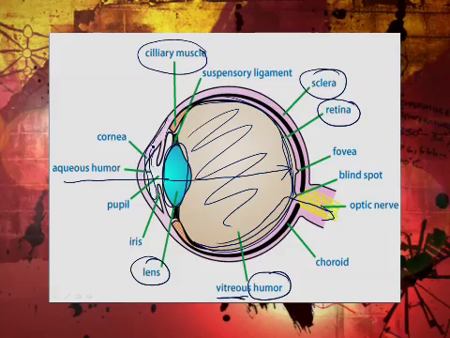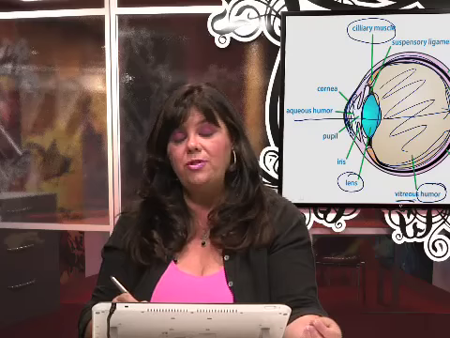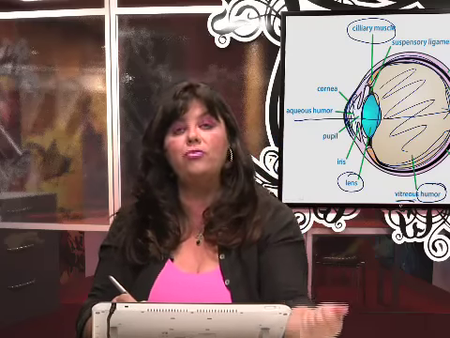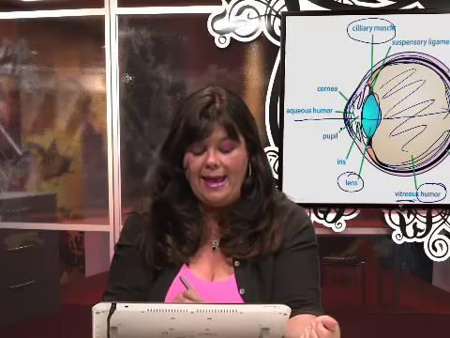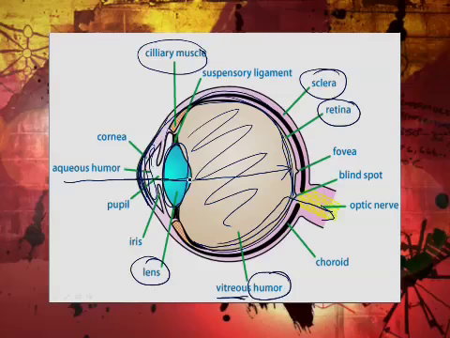The cornea is an extension of the sclera, as you can see on the diagram, and the cornea covers over the front of the eye, but it's transparent. So that means that light can shine right through the cornea and through the pupil into your eye and to those very important retinal cells.